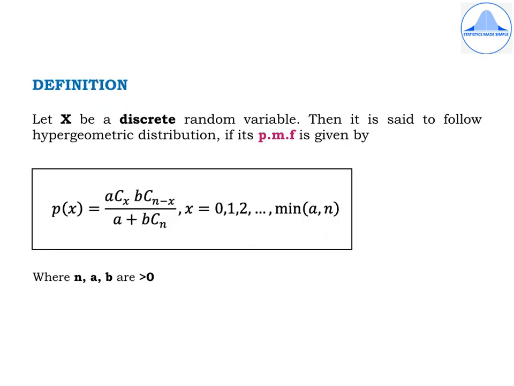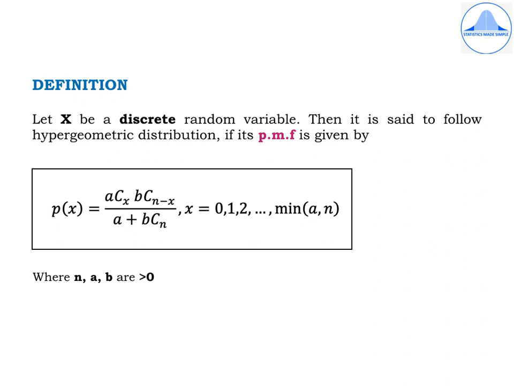Let us now define the hypergeometric distribution. For that, let's start with a discrete random variable that is denoted by capital X. It is said to follow the hypergeometric distribution if its PMF is given by P of x equal to aCx into bC(n minus x) divided by (a plus b)Cn.